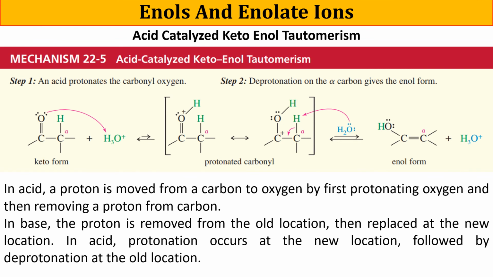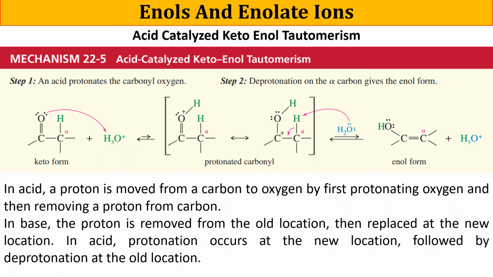Acid catalyzed keto-enol tautomerism. Keto-enol tautomerism is also catalyzed by acid. In acid, a proton is moved from the alpha carbon to oxygen by first protonating oxygen and then removing a proton from carbon. If we compare the base catalyzed and acid catalyzed mechanisms, in base, the proton is removed from the alpha carbon and then replaced on the oxygen.